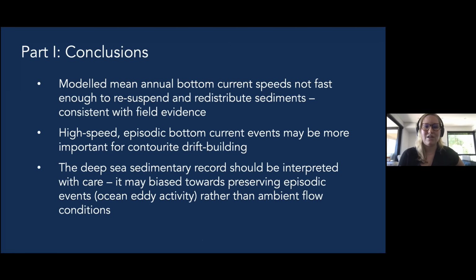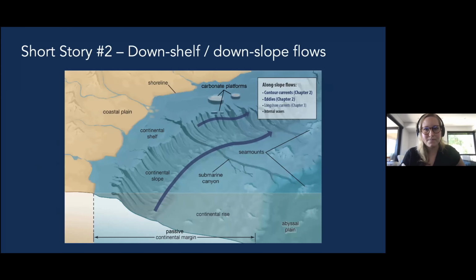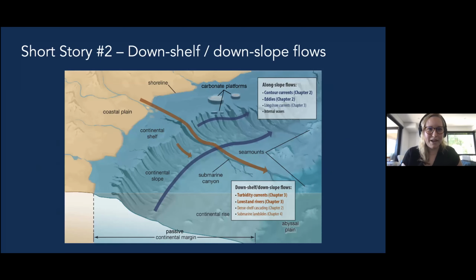We therefore suggest that the deep sea sedimentary record should be interpreted bearing in mind that there is this potential bias in the record, where Contourites could be biased towards preserving these higher energy events rather than ambient everyday background flow conditions.